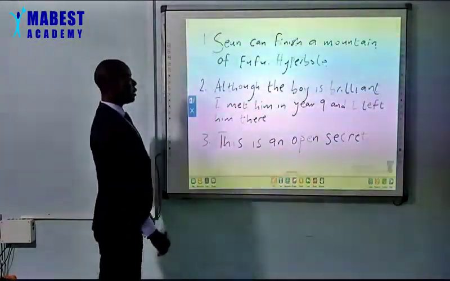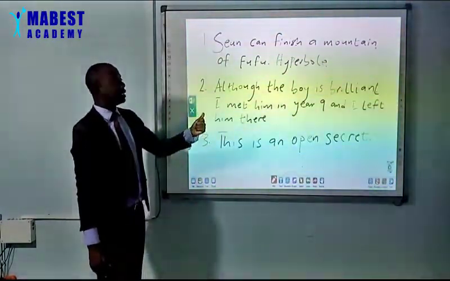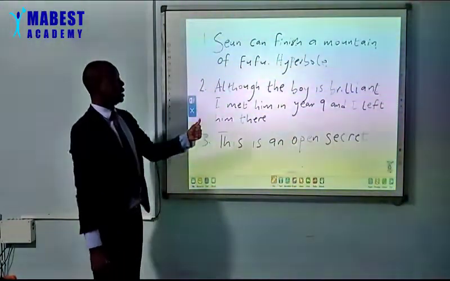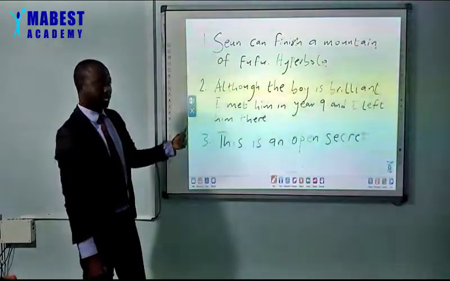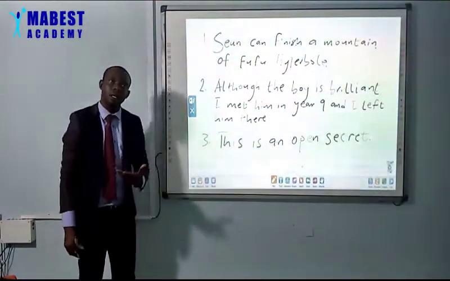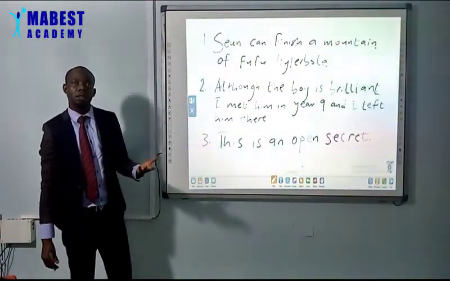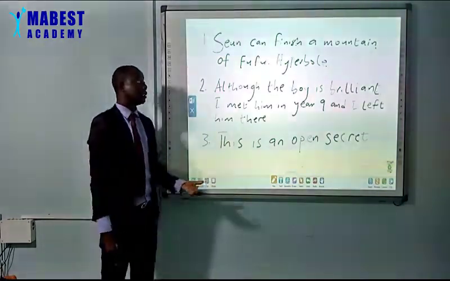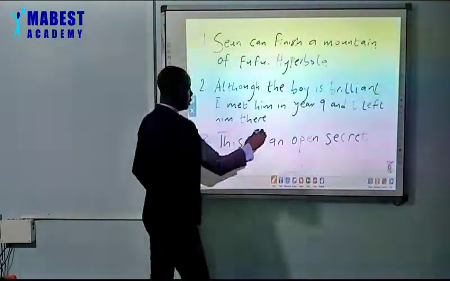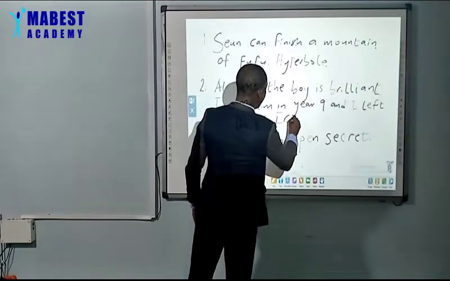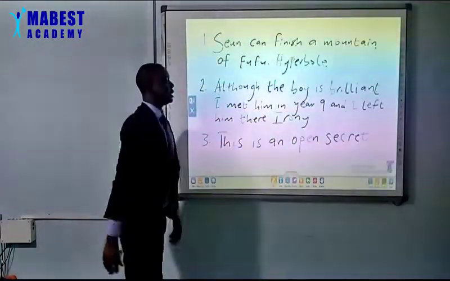Okay. And the second one, although the boy is brilliant, I met him in year 9 and I left him there. Okay. Basically, it is an example of what? Okay. Very correct. It is an example of irony. Why?